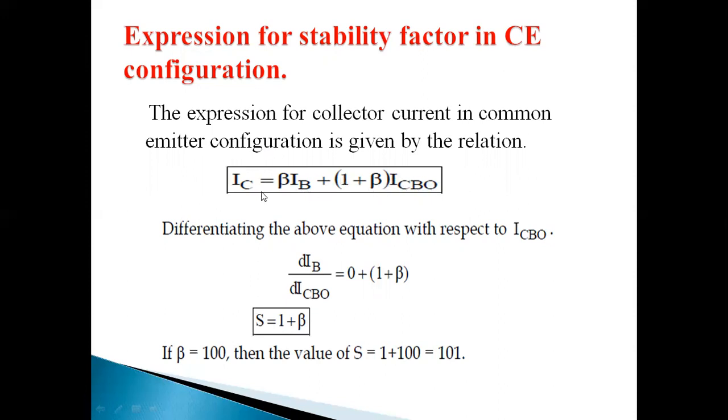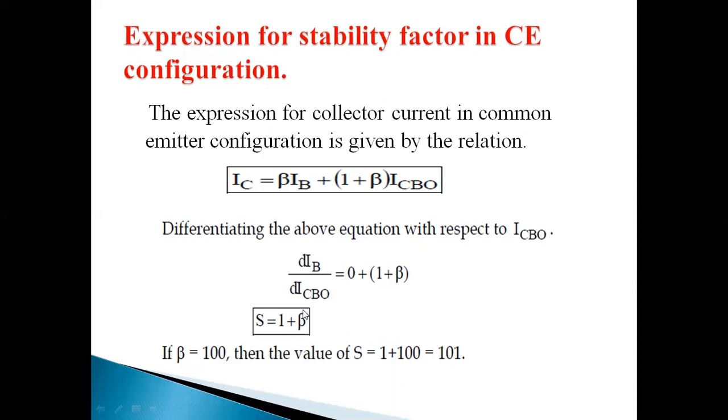This is the general equation of collector current in common emitter configuration. If you differentiate the above equation with respect to ICBO, we get dIC by dICBO equals, since IB is constant with respect to ICBO, it will be 0, plus 1 plus beta.